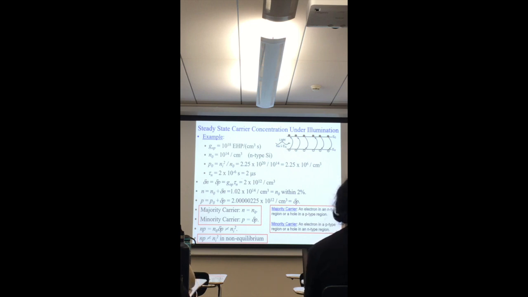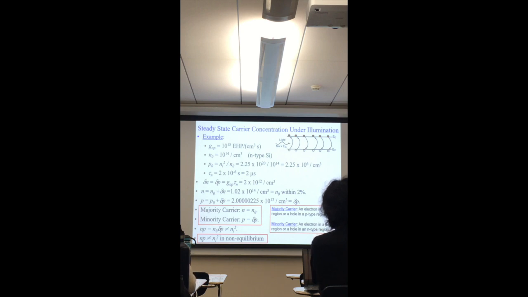If we calculate this n times p, it is basically n naught times delta P, so this will be 2 times 10 to the 26, because this is 14th and this is 12.